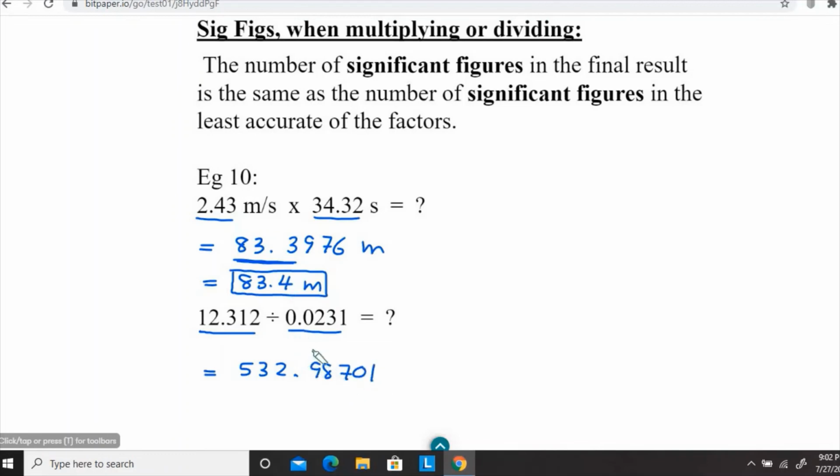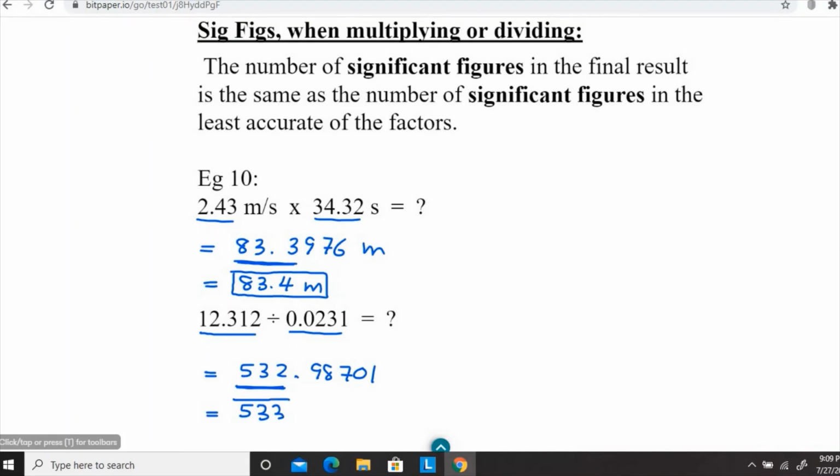So we only look at 3 sig figs, so that is up to this number. However, after the decimal place we see a 9, so we can round it up, and after rounding up it's going to be 533. That's how you do this example.